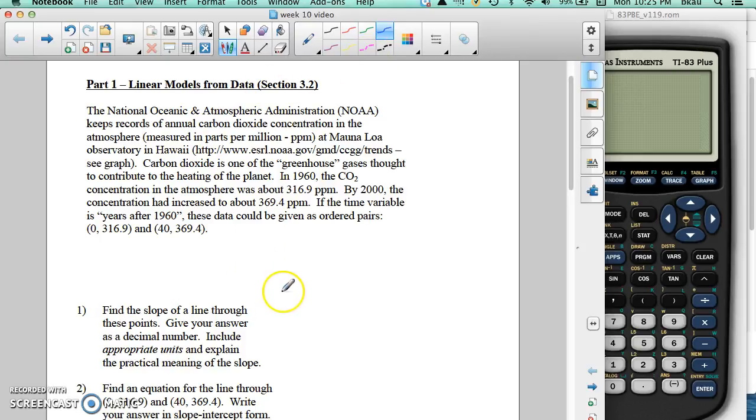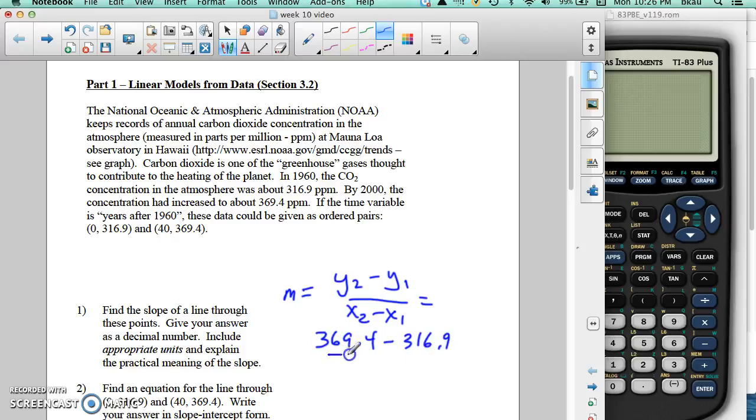So in this problem, we're going to do the slope formula, which is y2 minus y1 over x2 minus x1. In this case, here are my points. So it's going to be 369.4 minus 316.9 divided by 40 minus 0.